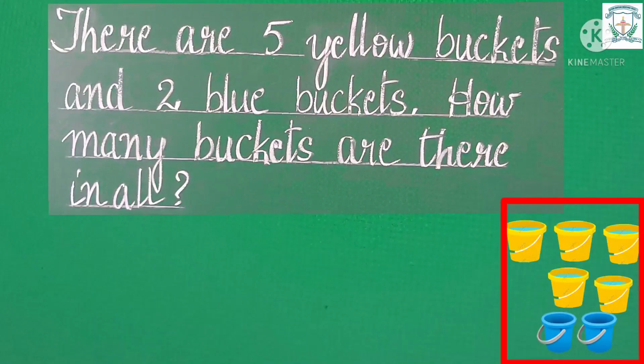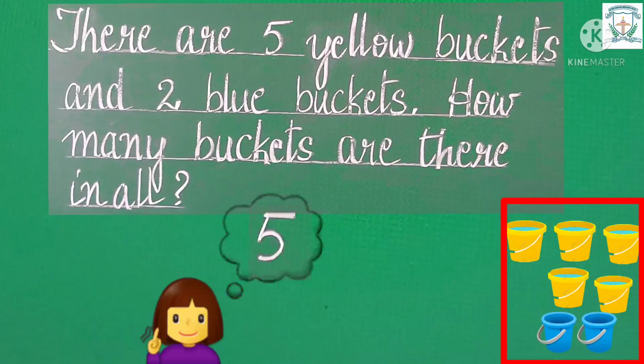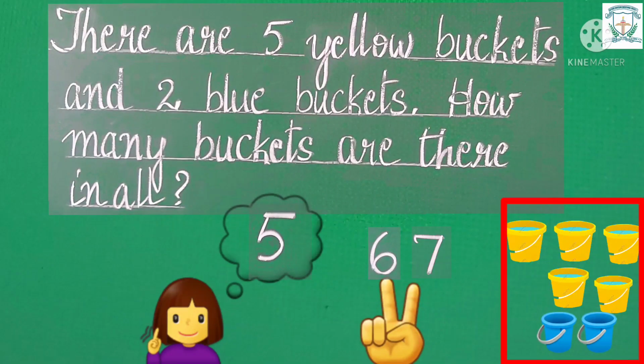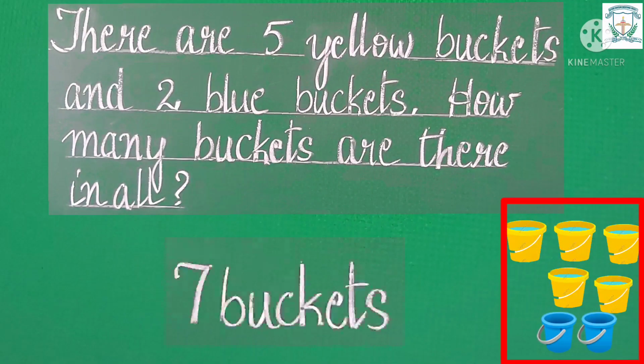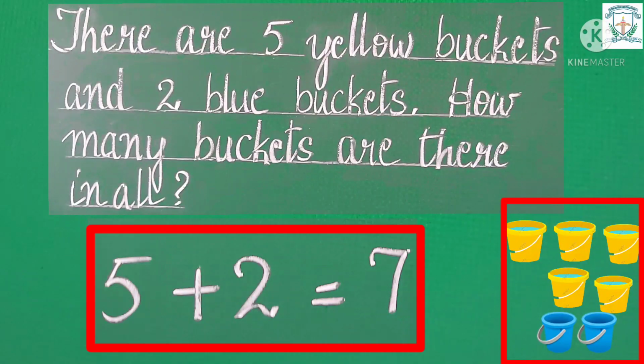So let us add 5 and 2 as 5 in the mind and 2 fingers up. After 5: 6, 7. We reach the number 7. So we can say that there are 7 buckets. We read it as 5 plus 2 is equal to 7.